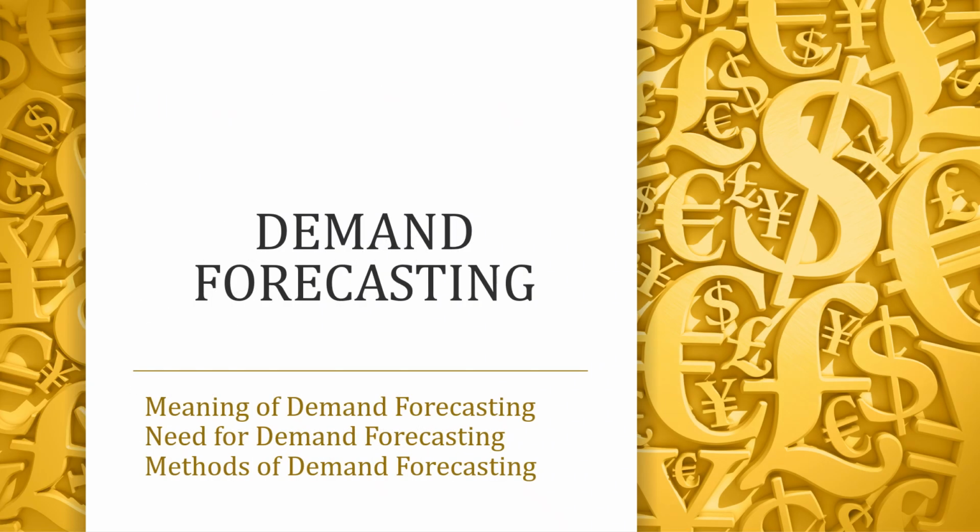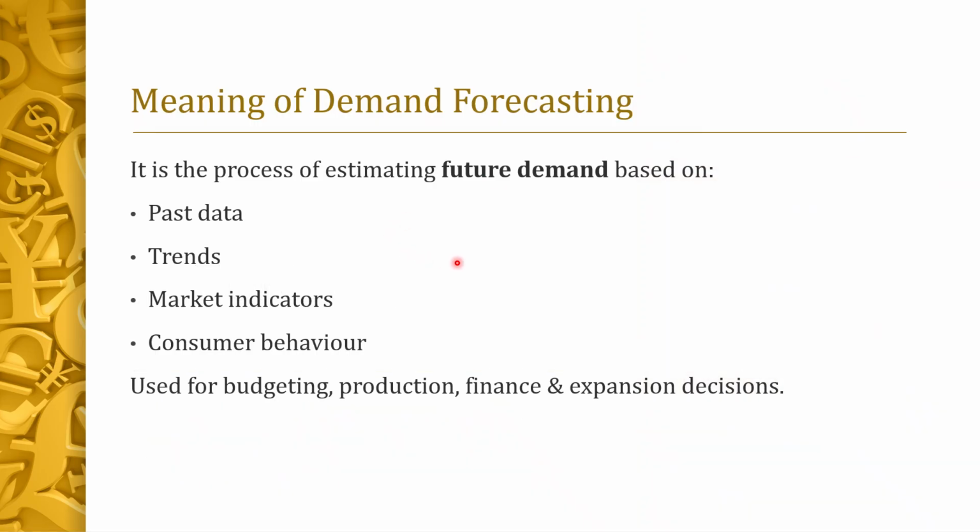Having understood something about supply, now let's come on to demand forecasting. How do we forecast the demand? We say that demand forecasting is a process wherein estimation of future demands are done using the past data, trends, and the market analysis.